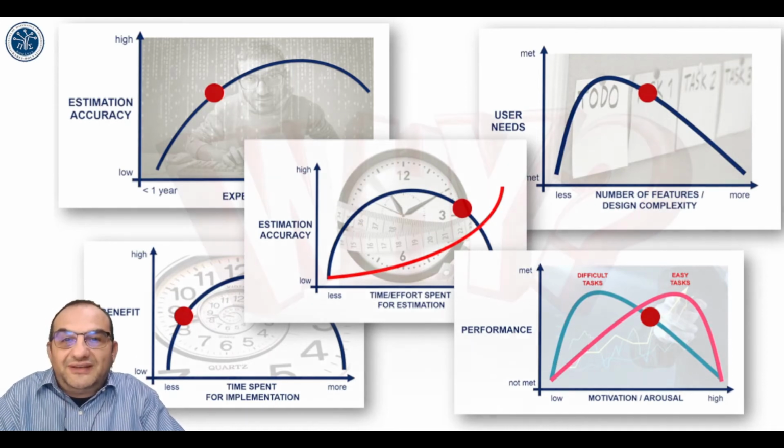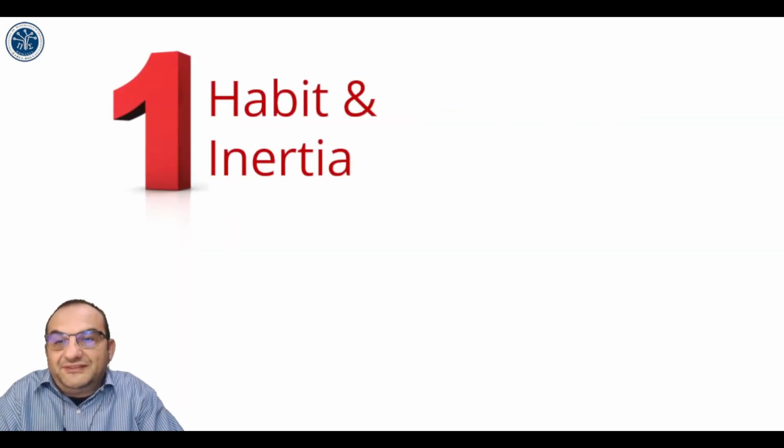Well, the question is why it is sometimes so difficult to be aware of this non-monotonic behavior, and also why it is so easy to ignore it in real life when we are working on projects. And I tried to answer this question, and I found three main reasons. So from my perspective, there are three main reasons for that. First of all, we are used to thinking in a monotonic way, in a linear way. We know what we have to do in order to improve some aspects, but we forget to stop sometimes.